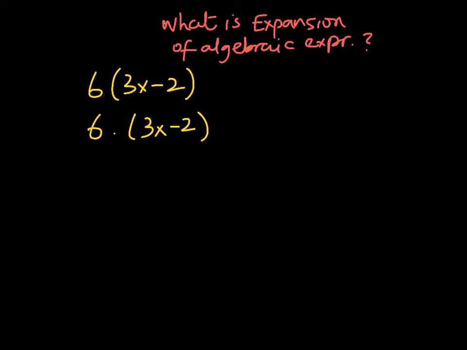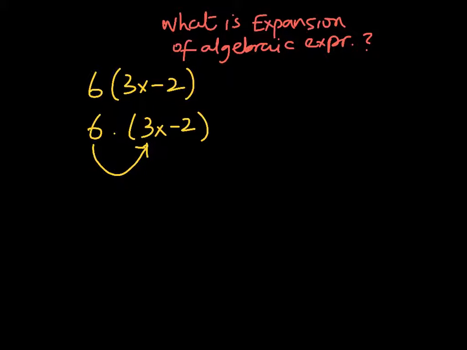Even though we see it as a unit, we want to distribute the number outside to all the different components of that unit. So the first thing is that you want to go ahead and distribute. So 6 will go to 3x.